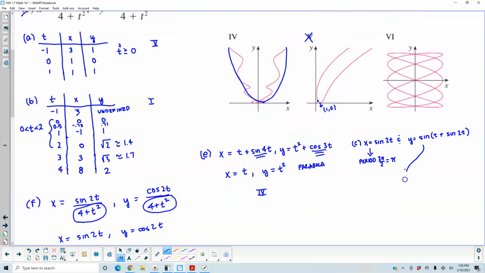And then for y, if we substitute the value of t plus 2 pi into that function, we would get the sine of t plus 2 pi plus the sine of 2 times t plus 2 pi.